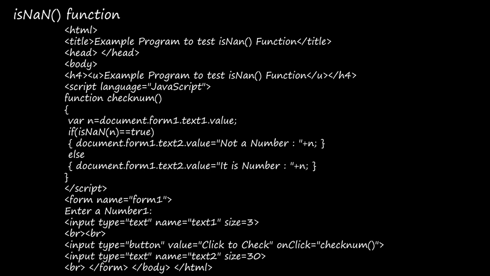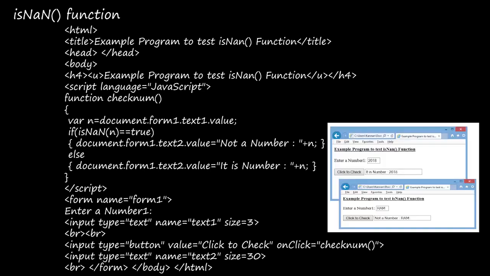Okay, so if you are seeing the output here on page number 334, first we have given an example program to test the isNaN function. Right, here we have given H4, so the line is in fourth heading size, and we have given the U tag, so the text is underlined there, and it is bold also, right?